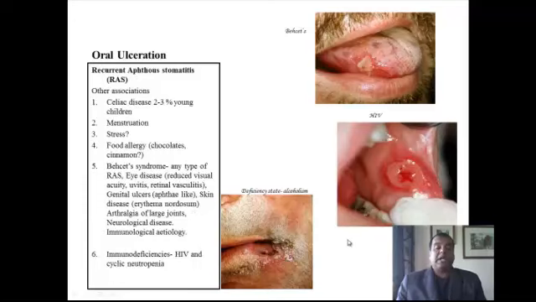Immunodeficiency, HIV, can also give rise to recurrent aphthous dermatitis, which tends to be a little bit more difficult to manage.